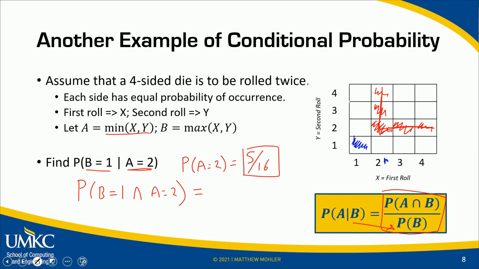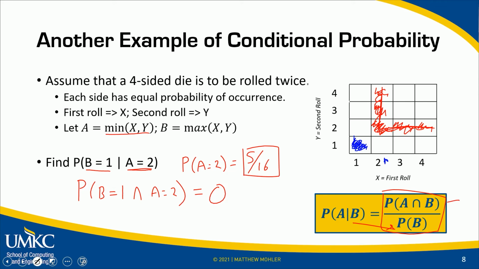We have the set B equal to 1, which is, again, just this set down here. And then the set A equal to 2, which is all of this area here. But the intersection of those 2 sets is 0. There is no intersection. So therefore, the probability of the intersection of those 2 events is also equal to 0.